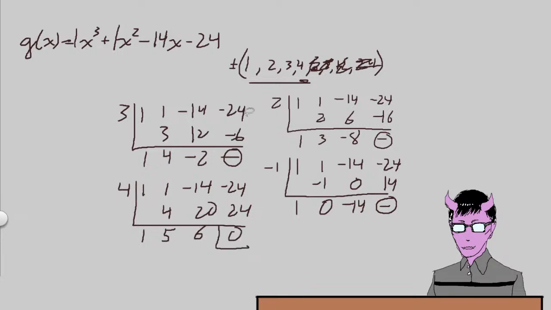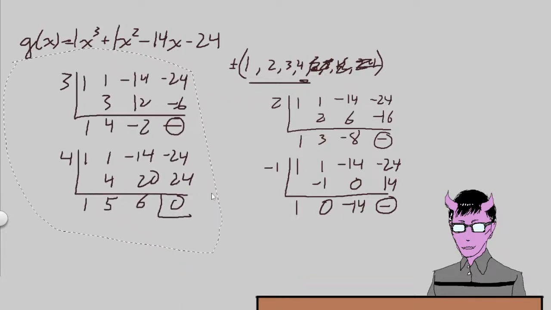All right. At this point, the 1, 5, and 6 is a resulting quotient that is a quadratic. Again, this is just x squared, this is positive 5x, and then this is just constant 6. So the quadratic is here. Use your favorite factoring algorithm. They're both positives.